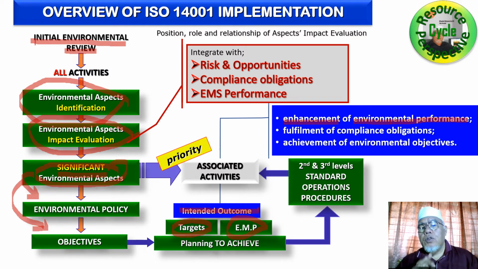And we have got to state also in the targets and the EMP reflecting our fulfillment of compliance obligations, and also the targets, especially the EMP, must reflect our seriousness, our commitment in achieving those environmental objectives that we have set.